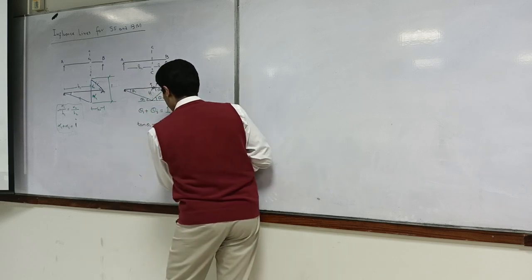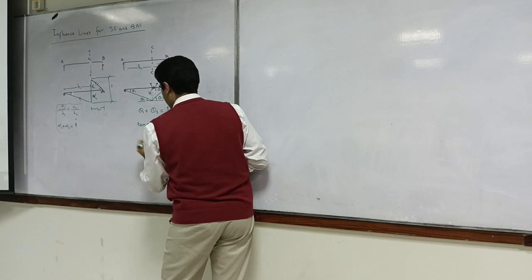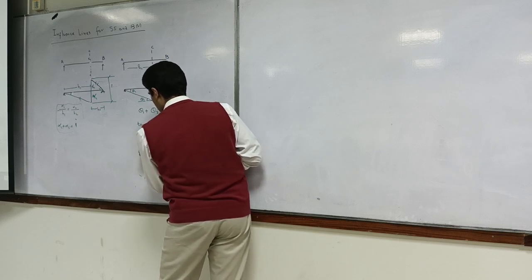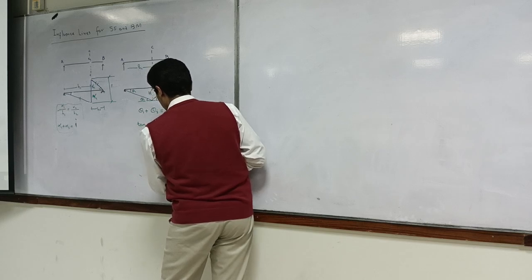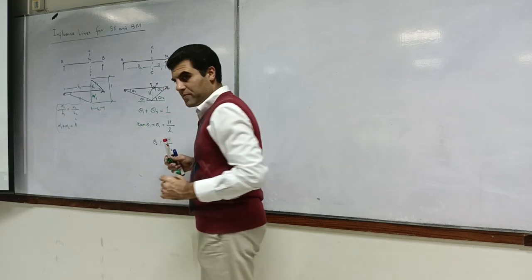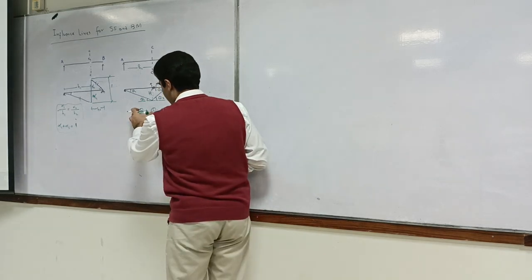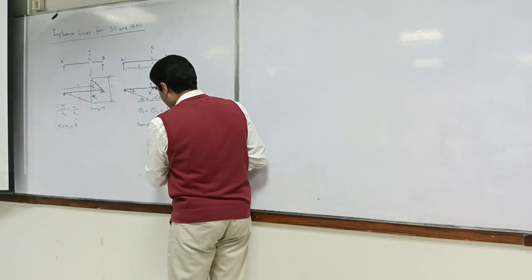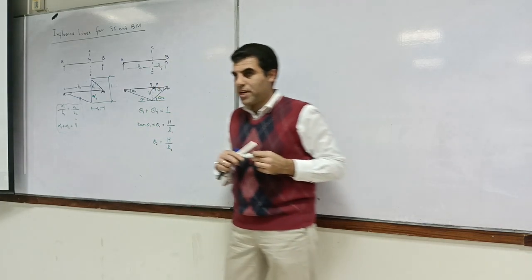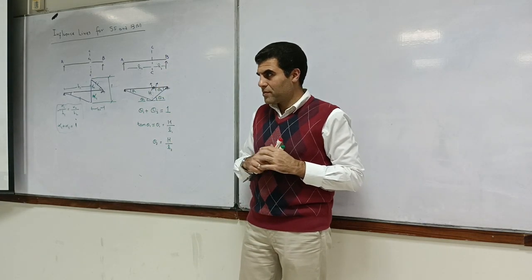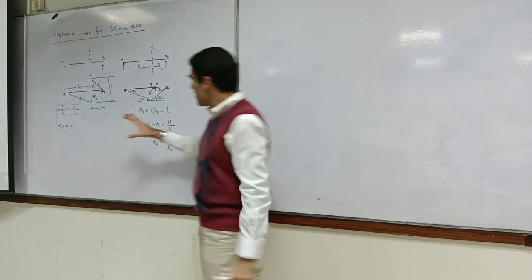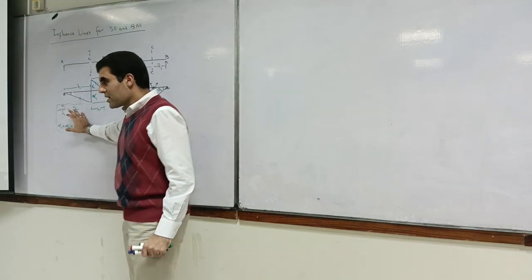Similarly, theta 2 is equal to big H by small h2. Now we can put it in this equation and we can find out h1 and h2. Agreed? Yes, sir. So that's how we do this one.